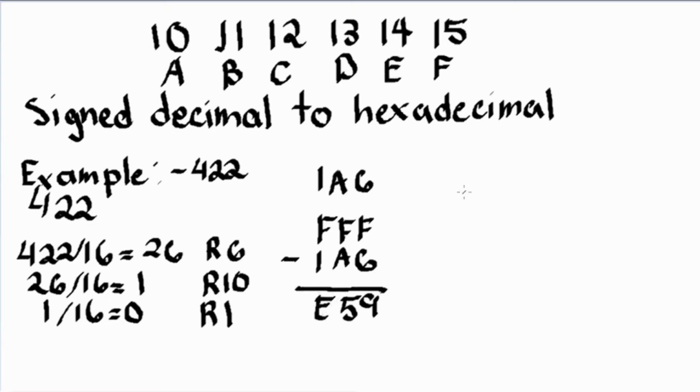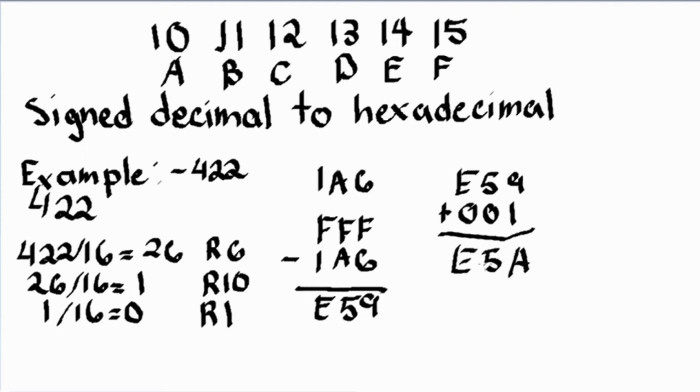Once you get that, you simply add 1 to the very last digit, and you get E5, and 10 is equivalent to A, and so that's your answer.